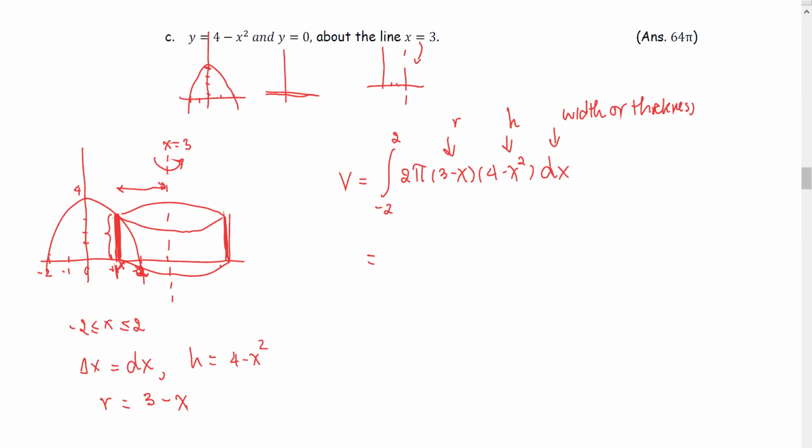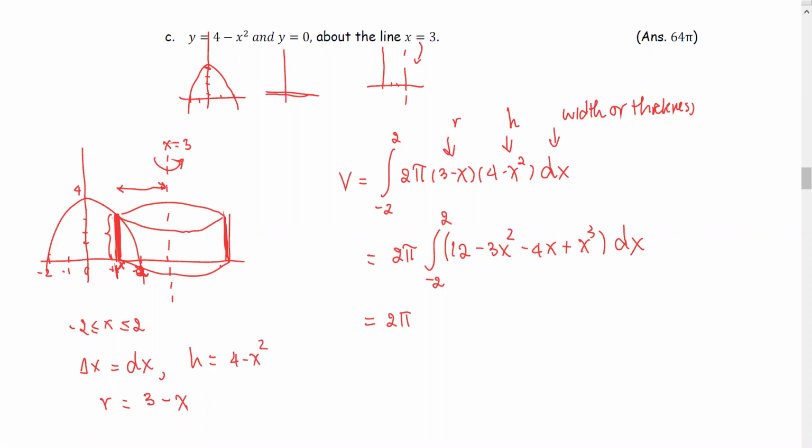Next, simplify the integrand and bring 2 pi outside of the definite integral. 3 times 4, and 3 times negative x squared, and negative x times 4, and negative x times negative x squared, x to the third.